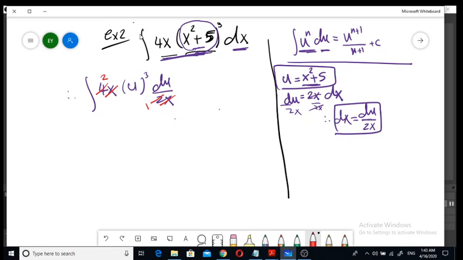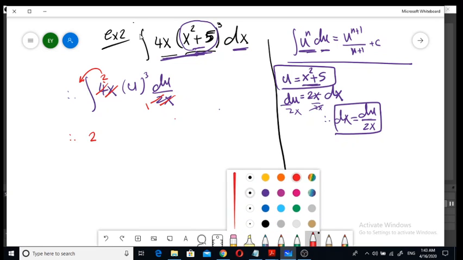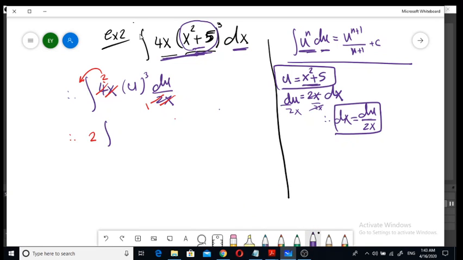Then we have the integral of 2 u cubed du. It's a constant, so let's move it to the front: 2 times the integral of u cubed du.